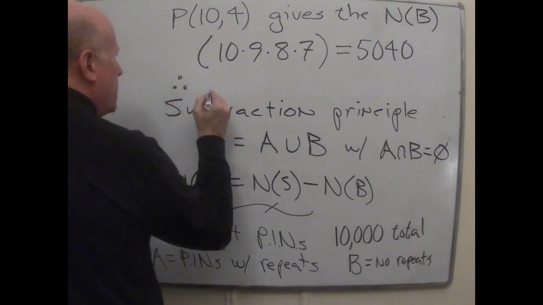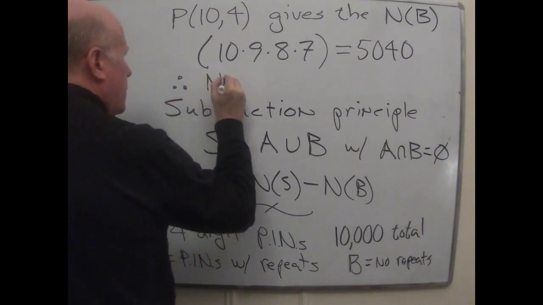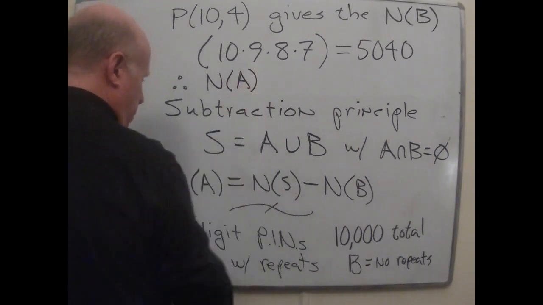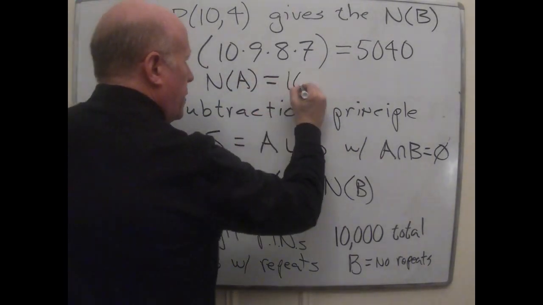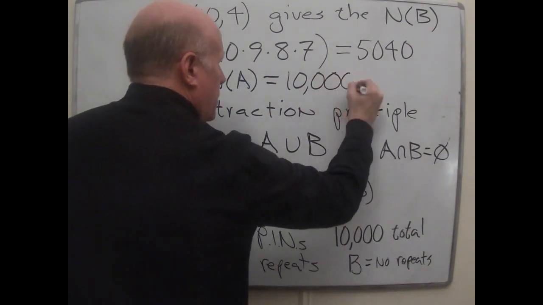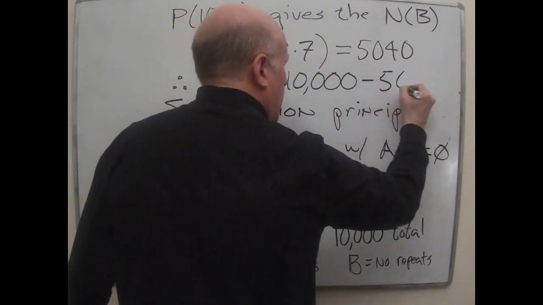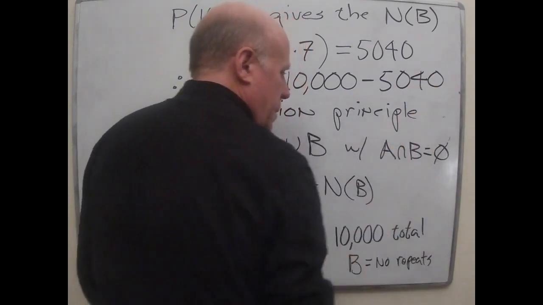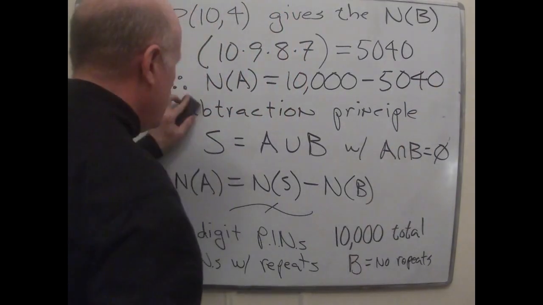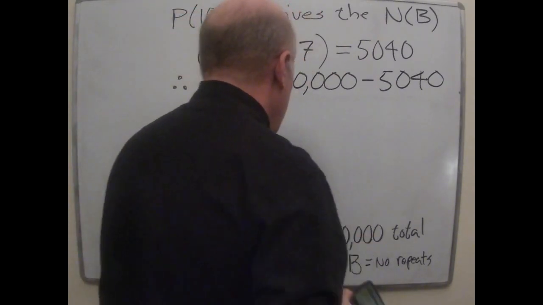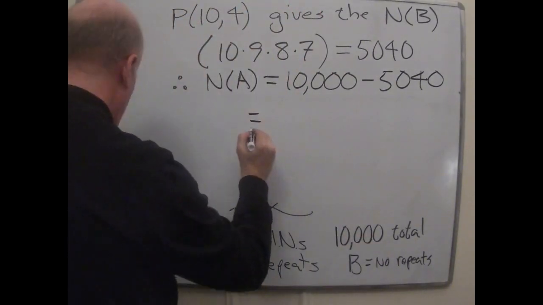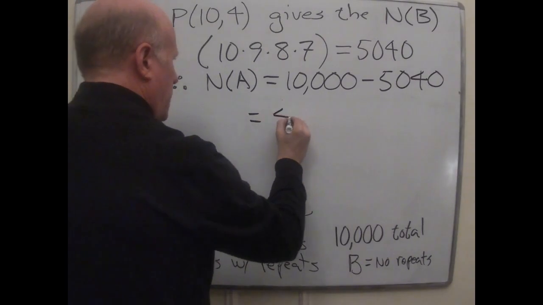So the conclusion is the size of set A, that is the ones that do have repeated digits in them, is 10,000 minus 5040, which is equal to 4960.